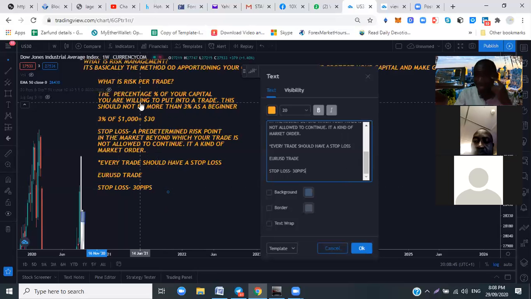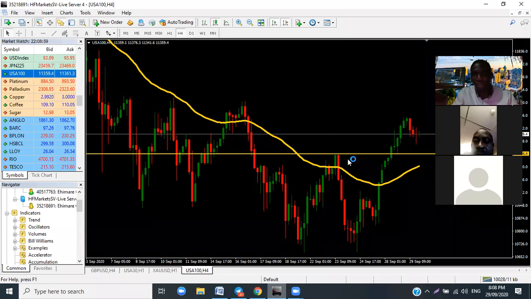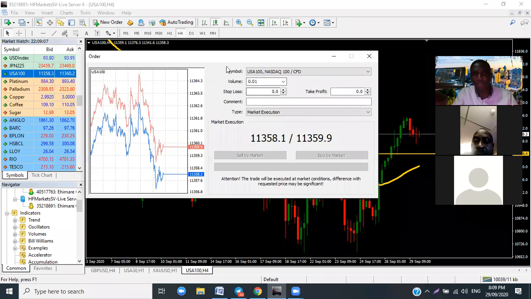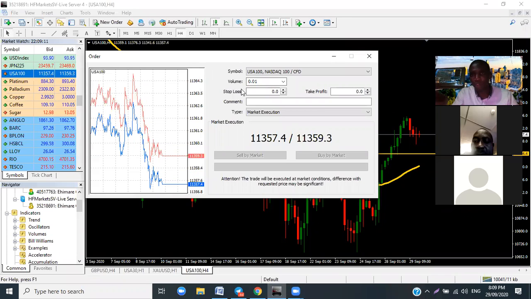If you are on MT4 on your phone, you will see it there as lot size, as lots. Then on your MT4 for your laptop, you will find it as volume. All right, volume is your lot size.